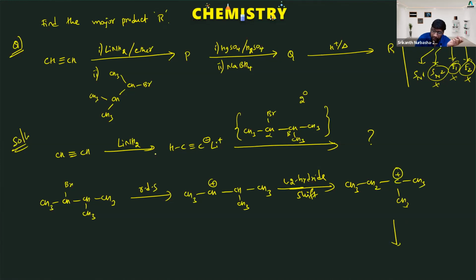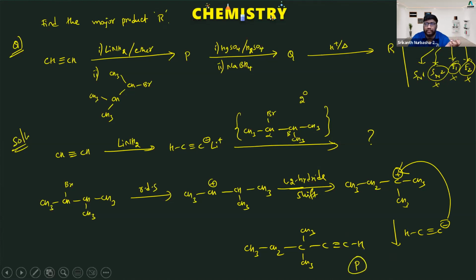Now the nucleophile will attack. What is the nucleophile? HC triple bond C minus. It attacks the electrophilic carbon, generating CH3 CH2 C(CH3)2 C triple bond CH. This is nothing but your product P.